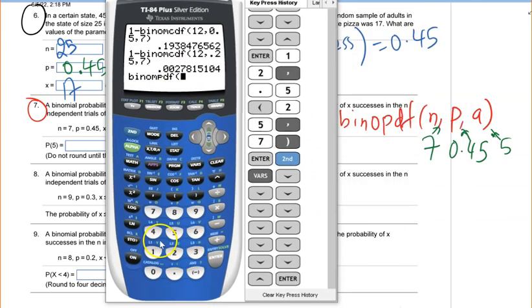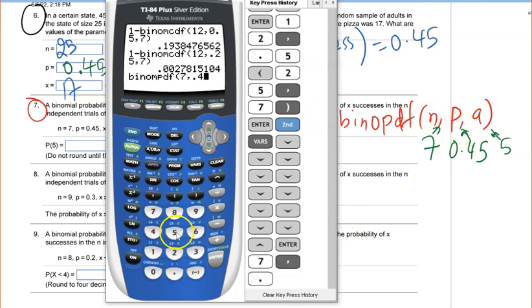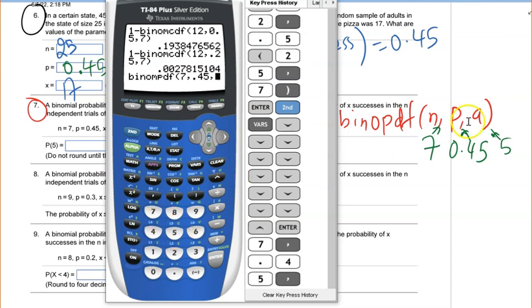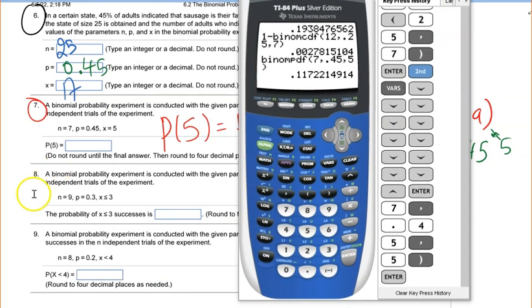Number of trials is 7, comma, lowercase p is 0.45, that is the probability of success, comma, x value is 5, enter, and you get 0.11722, and you round it to 4 decimal places, I guess.